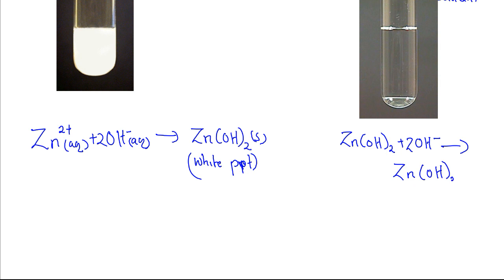So that is the complex ion formed that is now colorless. Zinc tetrahydroxide ion, as you can see in the equation.